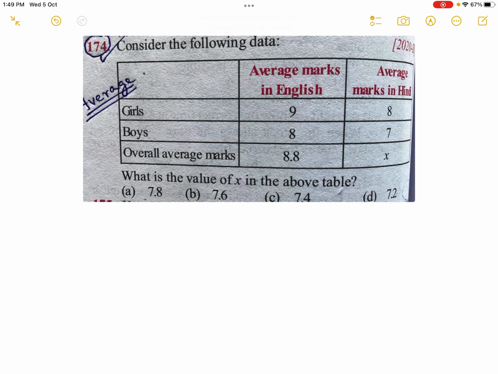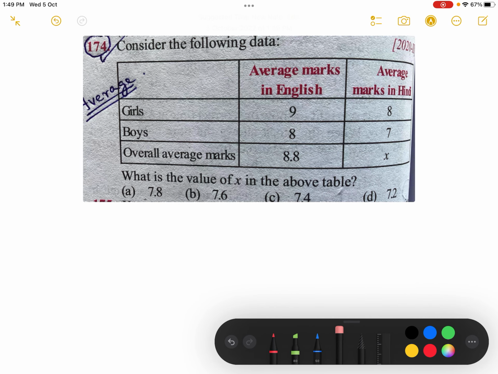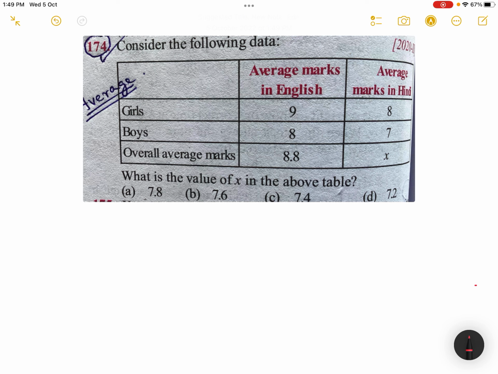I've come across this problem and I find it good. This is a good question. In the first column we have English marks scored by the overall class. We don't know the number of girls, so let's take 9G plus 8B for boys. It's a weighted average, and girls plus boys give the weighted average 8.8. Why do we need to find this?